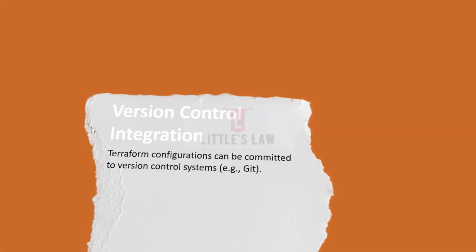When it comes to the advantages of using Terraform, the first is multi-cloud compatibility. Terraform provides a consistent workflow for managing infrastructure across various cloud providers, which ensures compatibility and reduces vendor lock-in.